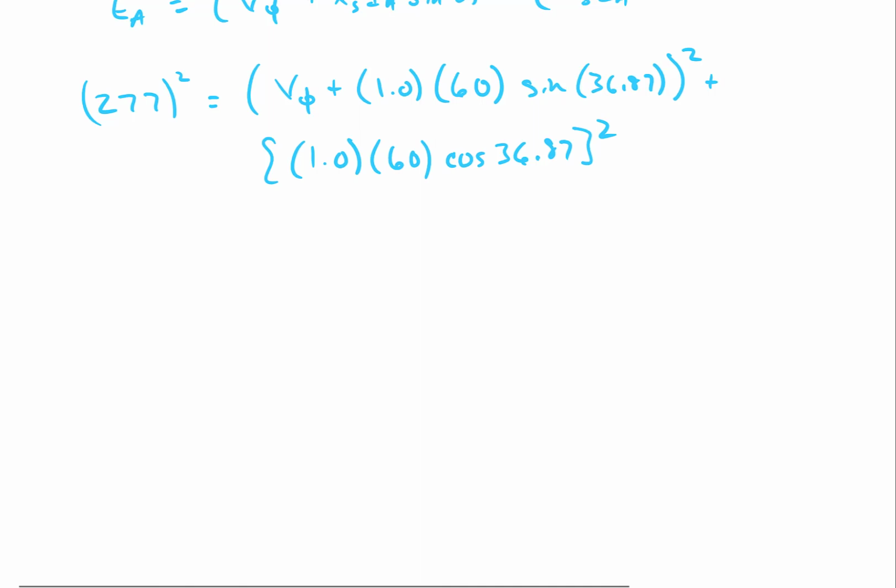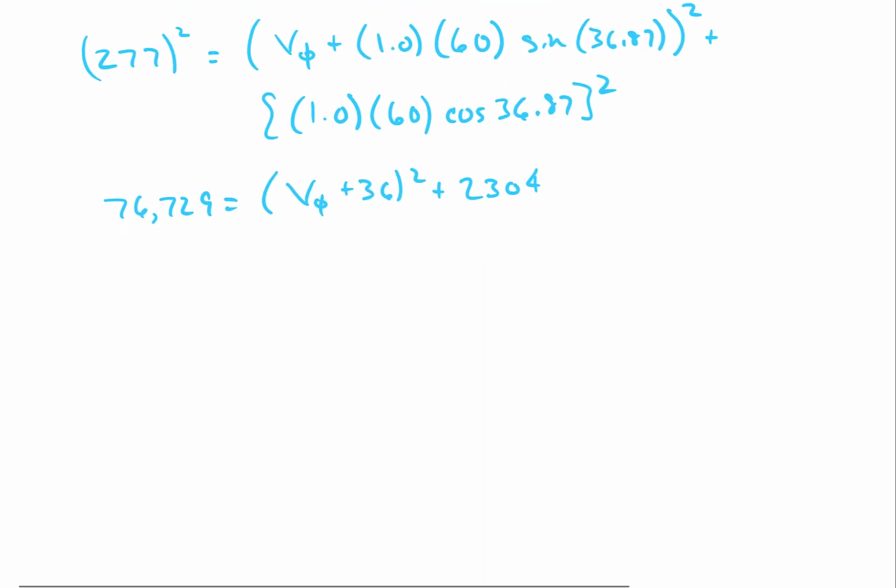Okay, so now I just need to solve this for V phi, and I get 76,729 on the left-hand side equal to (V phi plus 36) squared plus 2304. If I just reduce this and solve it for V phi, I get V phi is equal to 236.8 volts.